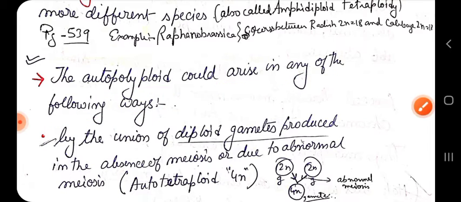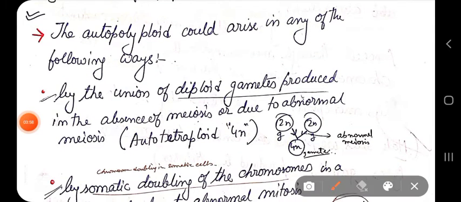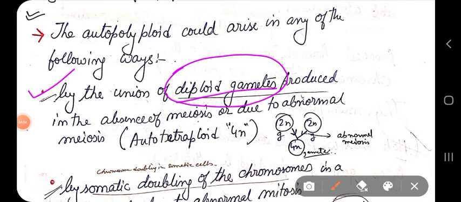How can you create diploid gametes? Obviously by an artificial way, using chemicals like colchicine to make chromosome doubling.